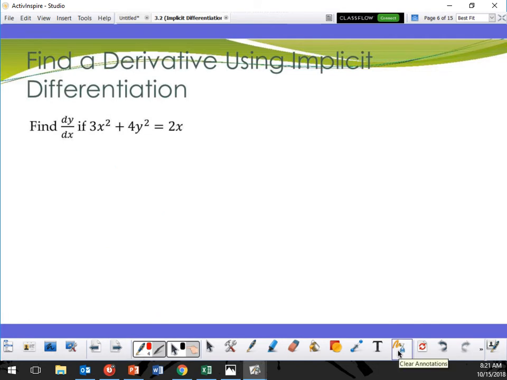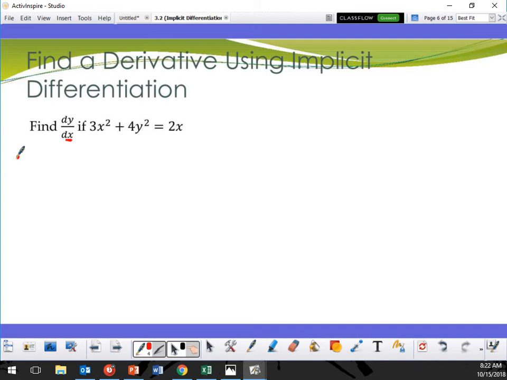So, find dy/dx if 3x squared plus 4y squared is equal to 2x. We're going to take the derivative of every single part of this. Now, this says I'm taking the derivative in terms of x. That means that when I take the derivative of x, I don't have to put dx/dx. I just take the derivative. But anything else that's not an x has to have a d something over dx.